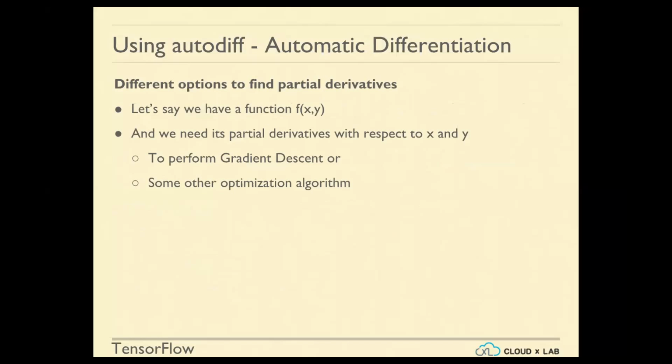It takes two arguments, x and y, and we need its partial derivative with respect to x and y. The rate of change of f with respect to x as well as y is what we want. It could be needed for performing gradient descent or some other optimization algorithm.